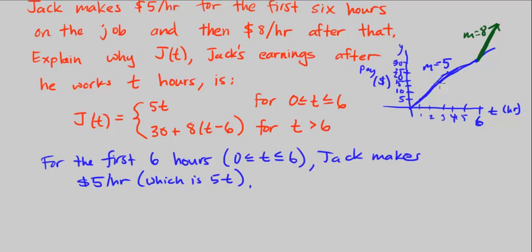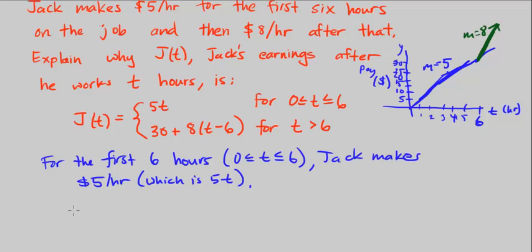For rise over run, he's going to rise $5 for every hour he works. Rise 5, 1 hour, and so forth. But when we get to 6, he's going to rise $8 for every 1 hour. Rise 8, work 1 hour. Right? So does that give us this?